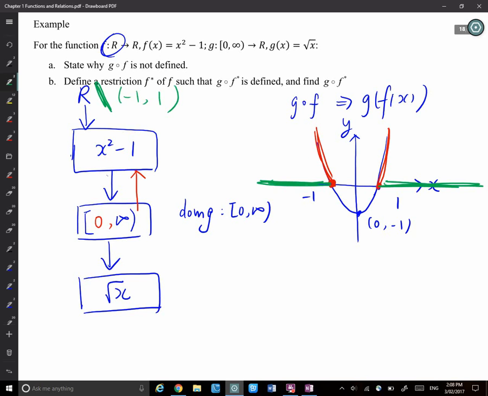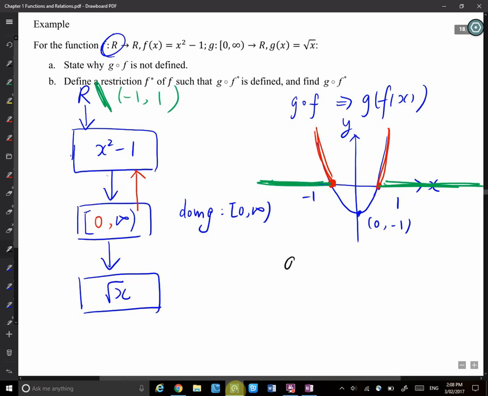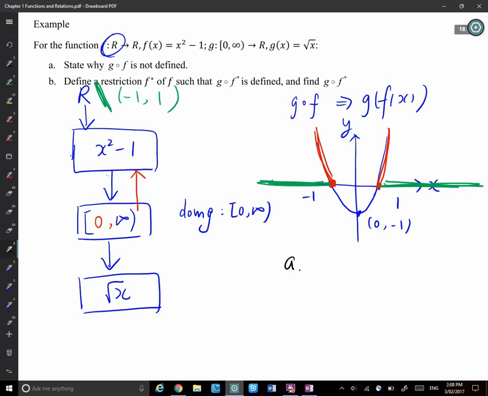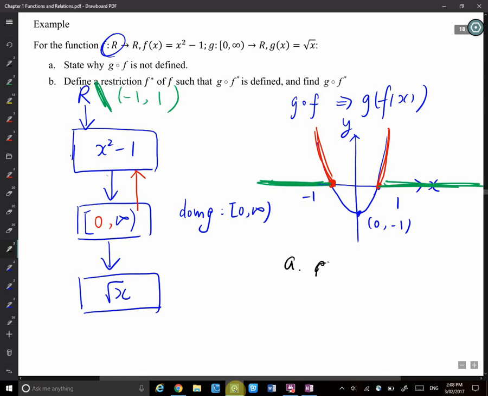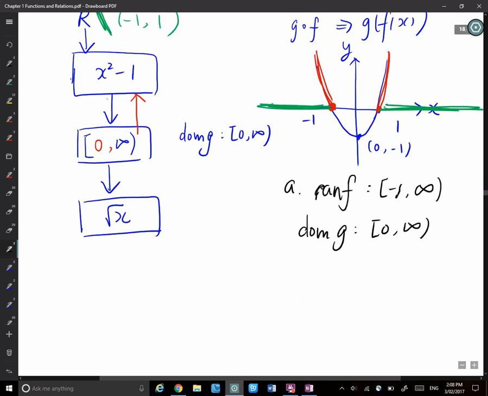So let's come to answer this question. Question A. State why g of f(x) is not defined. Because the range of f is negative 1 to infinity and the domain of g is 0 to infinity.